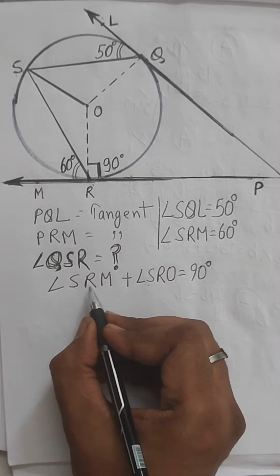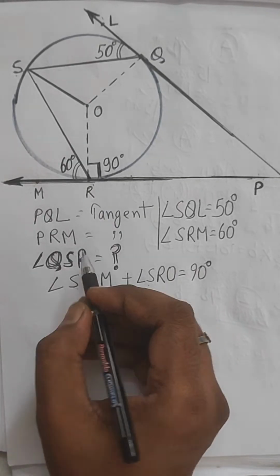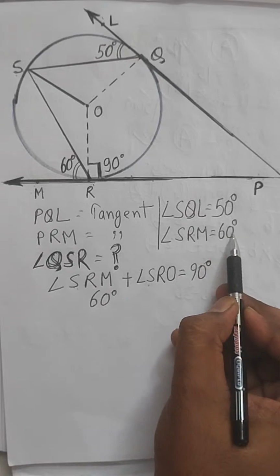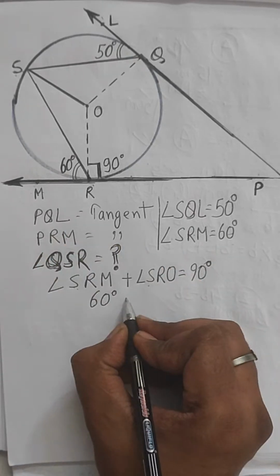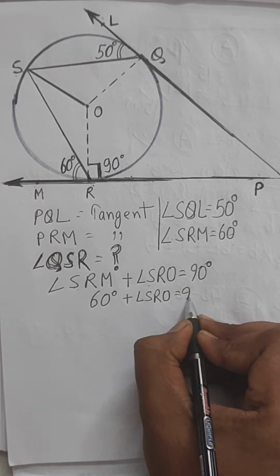So angle SRM is given as 60 degree here, this one plus angle SRO is equal to 90 degree.